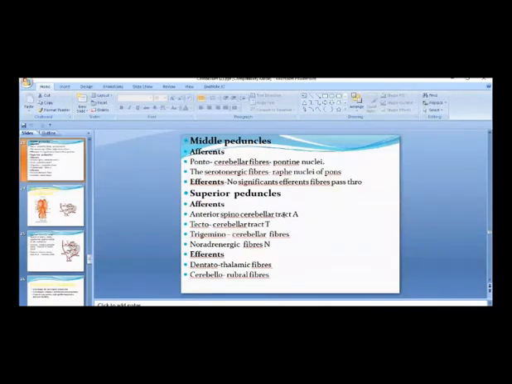Anterior spinocerebellar, tectocerebellar, trigeminocerebellar, and noradrenergic fibers: ATN. And efferent is coming from the dentate nucleus to the thalamus, so dentatothalamic fibers, and to the red nucleus, so cerebello-rubral fibers. Do you understand? You have to read five, six times, ten times, then only you will understand.